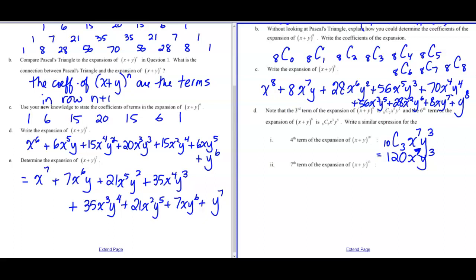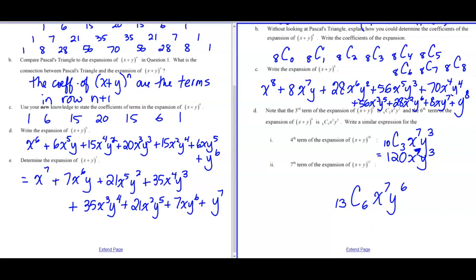Seventh term in this expansion, so the exponent is 13, okay? Then seventh term means r is 6. x to the 13 minus 6 is 7. y to the 6. Remember these, if they're variables in both, they're going to add up to that exponent.